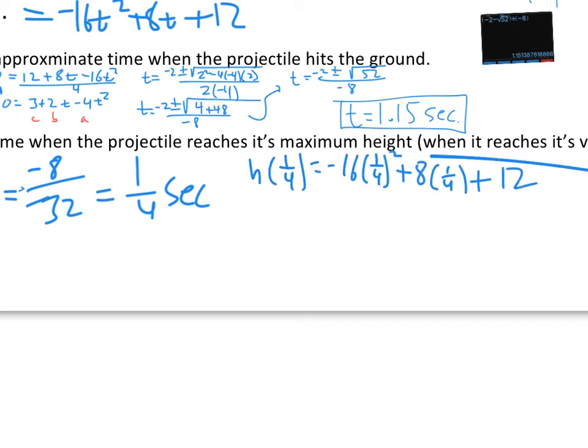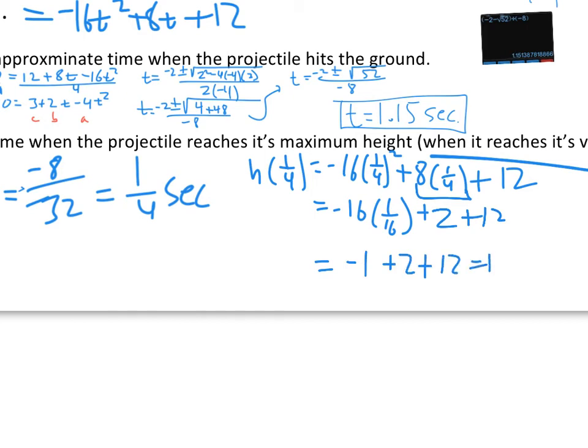You can go plug this whole thing into your calculator, but this actually works out pretty nice. So we have negative 16 times 1/16, because 1/4 squared is 1/16. This bit right here is just 8 divided by 4, sorry, that's going to be 2. And so this is just going to be negative 1 plus 2 plus 12, and that is 13.